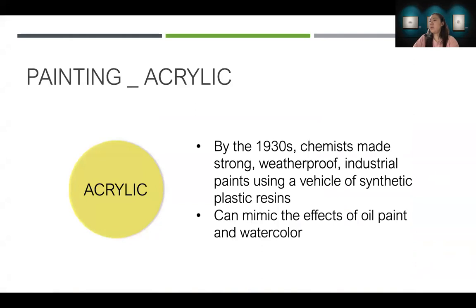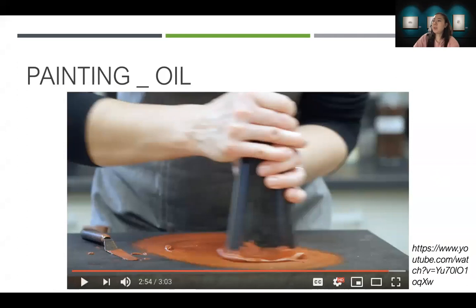Oh, I forgot to say something here. The traditional oil paints are made like this, by mixing pigment and the oil together with a heavy bottom tool, like the one she's holding now.